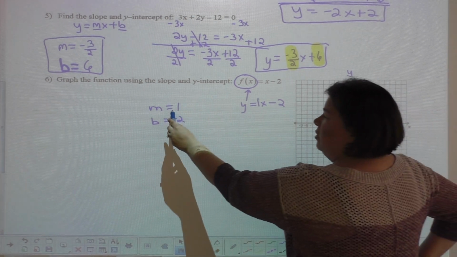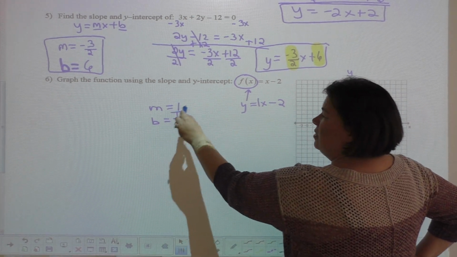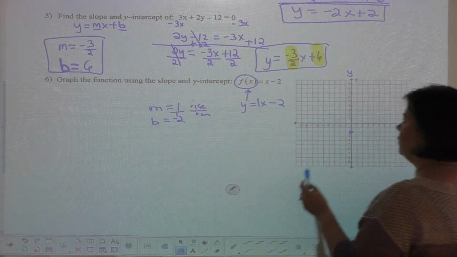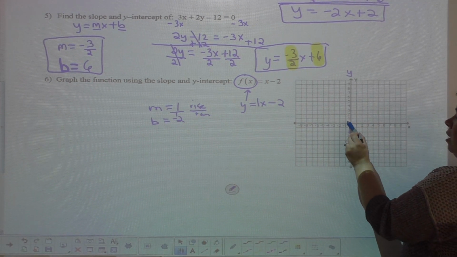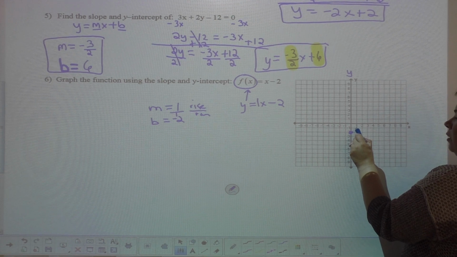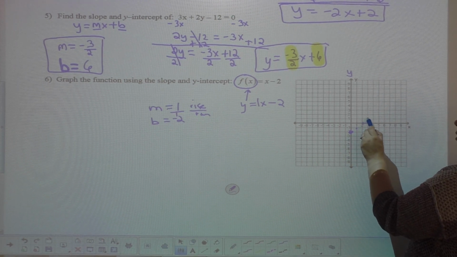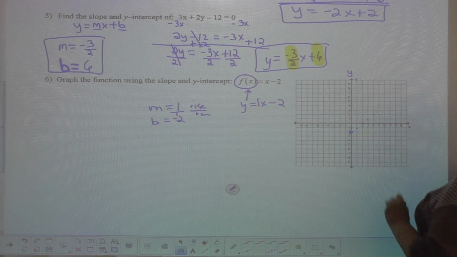And from there, our slope, which is 1/1, tells us to rise 1 and run across 1. So from here, we're going to rise 1, run 1. Up 1, right 1. Up 1, right 1, and so forth.